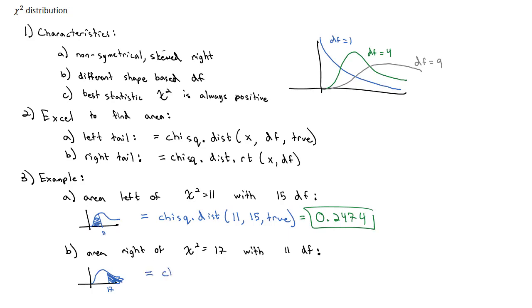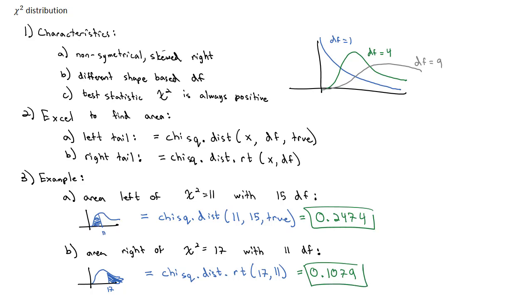To get the right tail, we'll say equals CHISQ.DIST.RT to tell it we want the right tail from 17 with 11 degrees of freedom. And when I do that, I get an area of 0.1079.